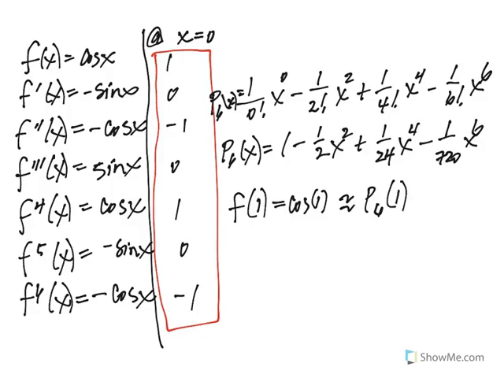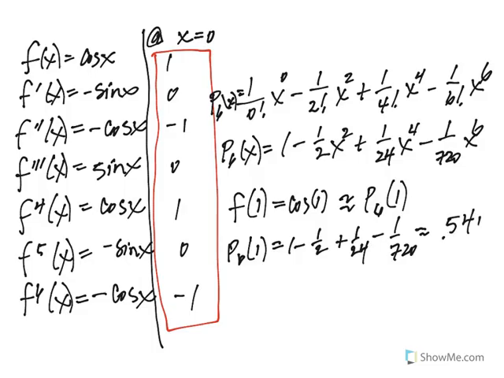What I'm going to do is take 1 and plug it into my p sub 6 line. So p sub 6 of 1 is equal to 1 minus 1/2 plus 1/24 minus 1/720, which gives me something like 0.5403 if I go to 4 decimal places.